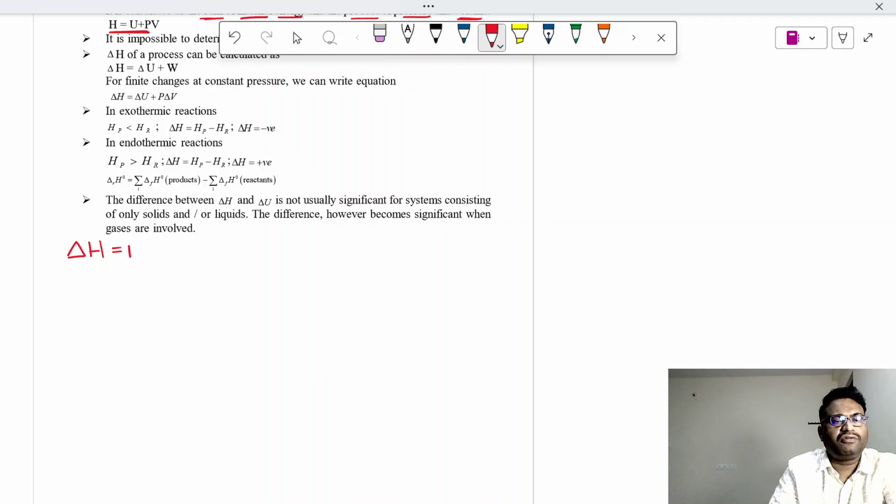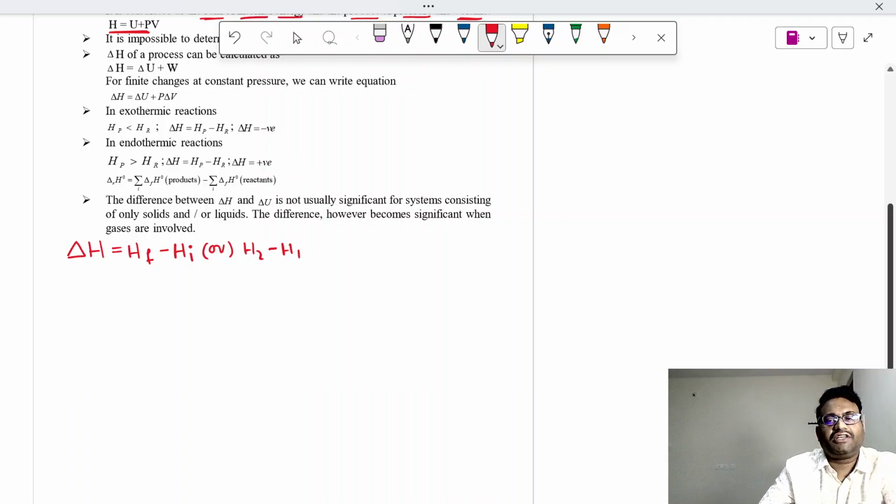That is equal to H final minus H initial, or you can also write it as H2 minus H1. So what is this? The change in the enthalpy, or change in the heat content of a system at constant pressure.